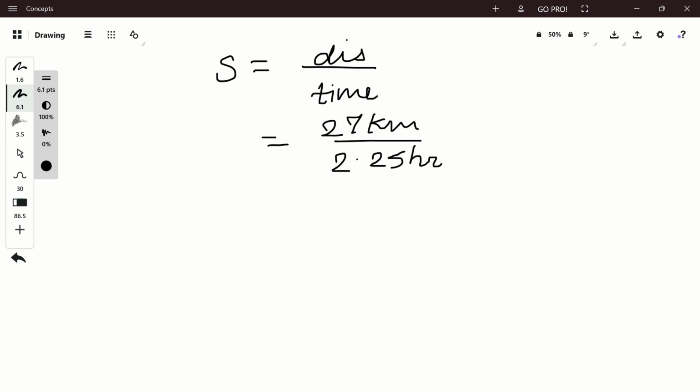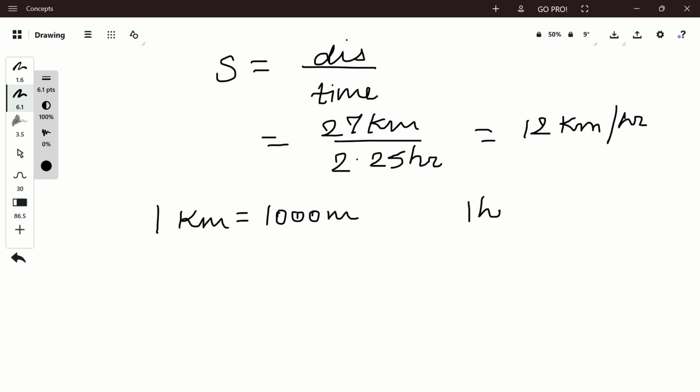That is equal to 12 kilometer per hour. Convert kilometers into meters. That is 1 kilometer is equal to 1000 meters, and hours into seconds, that is 1 hour is equal to 3600 seconds.